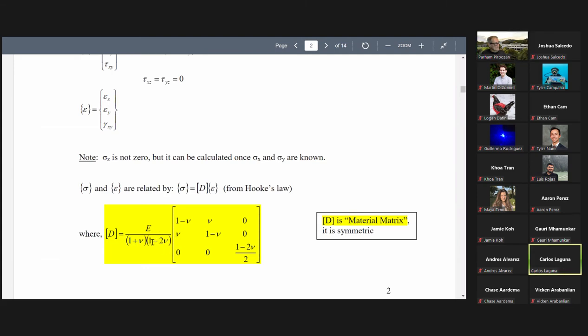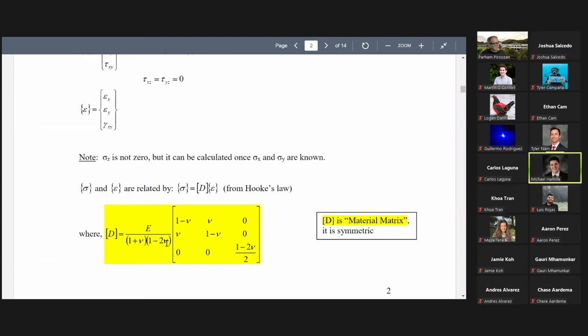It could be undefined. When is it undefined? You're right, but when is it undefined? What happens if nu is 0.5? If nu is 0.5, what happens?